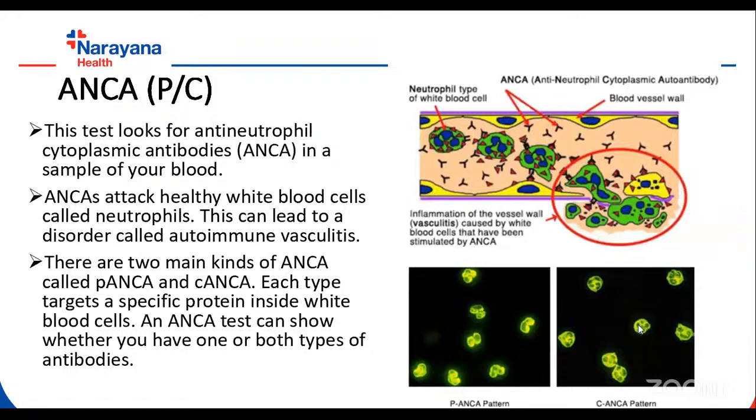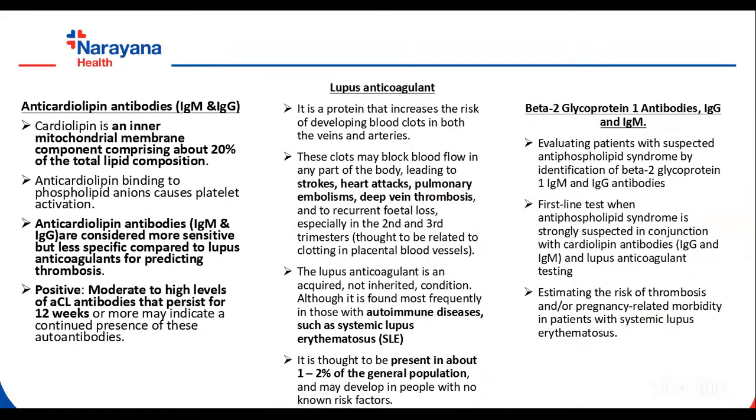You can see here, C-ANCA will be only cytoplasmic, with small granularity. And P-ANCA will give you a popcorn-like morphology and appearance. ANA and ANCA are basically done on a fluorescent microscope.